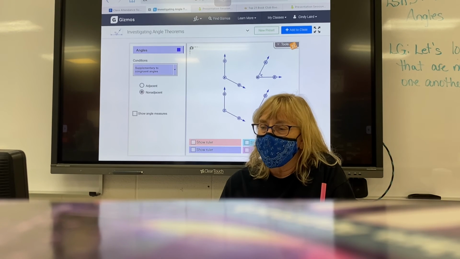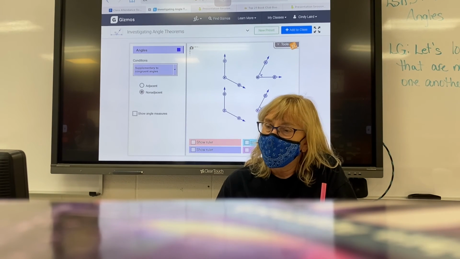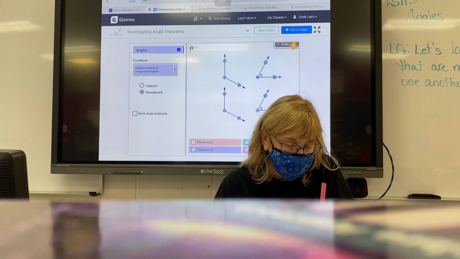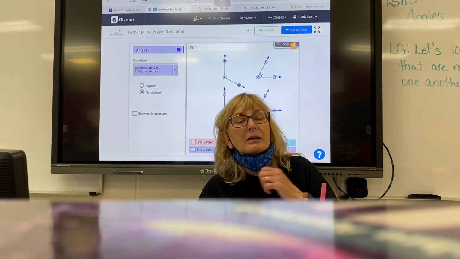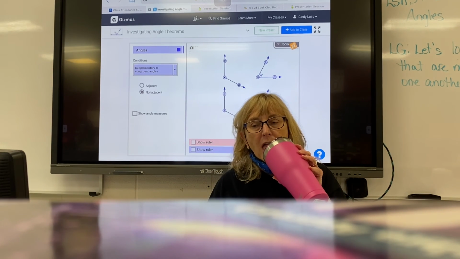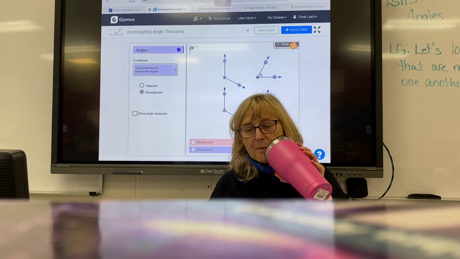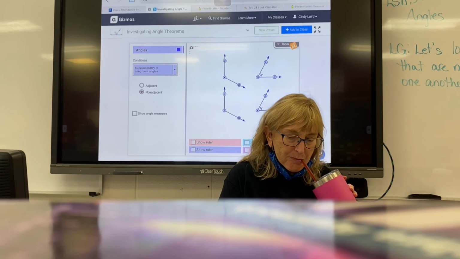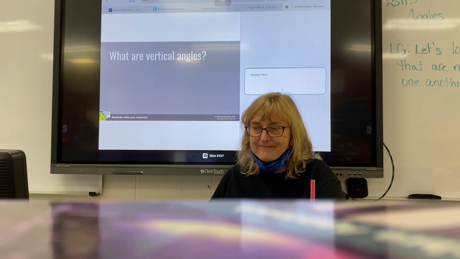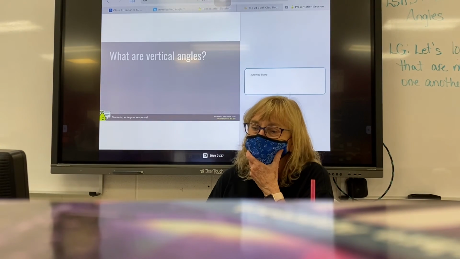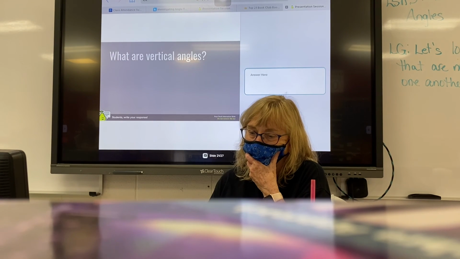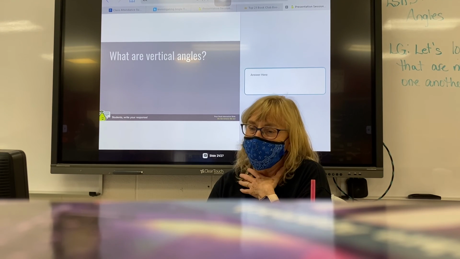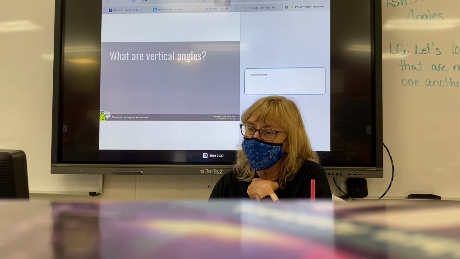Okay, what are vertical angles? Type it in. In your words, give me a definition of vertical angles. Remember, that was one of our goals. I'm seeing angles that are across from each other that have the same vertex.